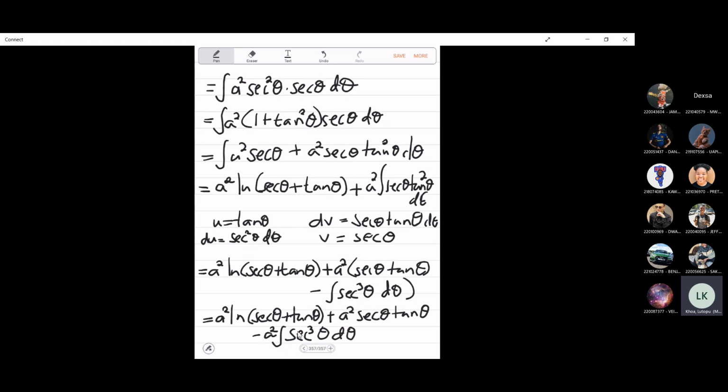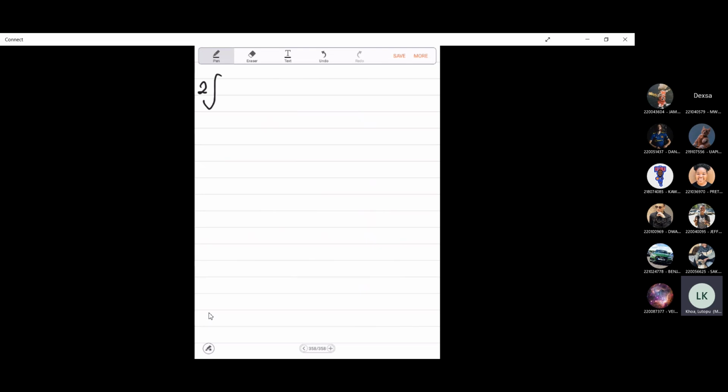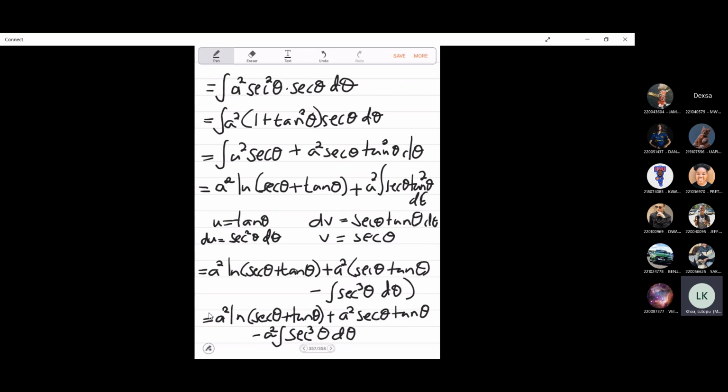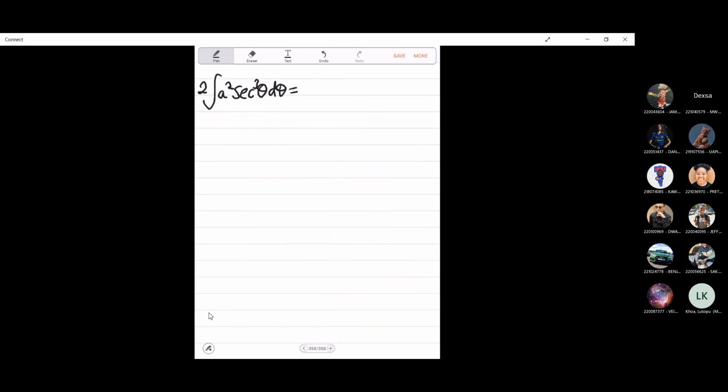So it's a squared, the integral of sec squared theta. So you have one on the right hand side and another one on the left hand side. So you take this one to that side. So you have 2 multiplied by a squared sec cubed theta d theta. This is equal to a squared ln of sec theta plus tan theta.